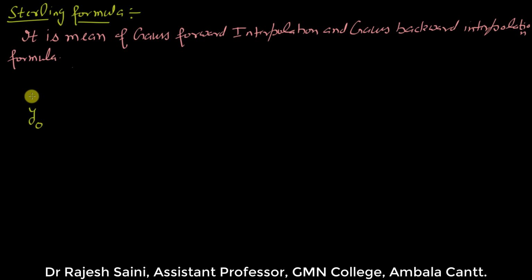y naught as a central value and move from here in the upward direction, and say this is first delta y. Also move in the downward direction, say this is first delta y.